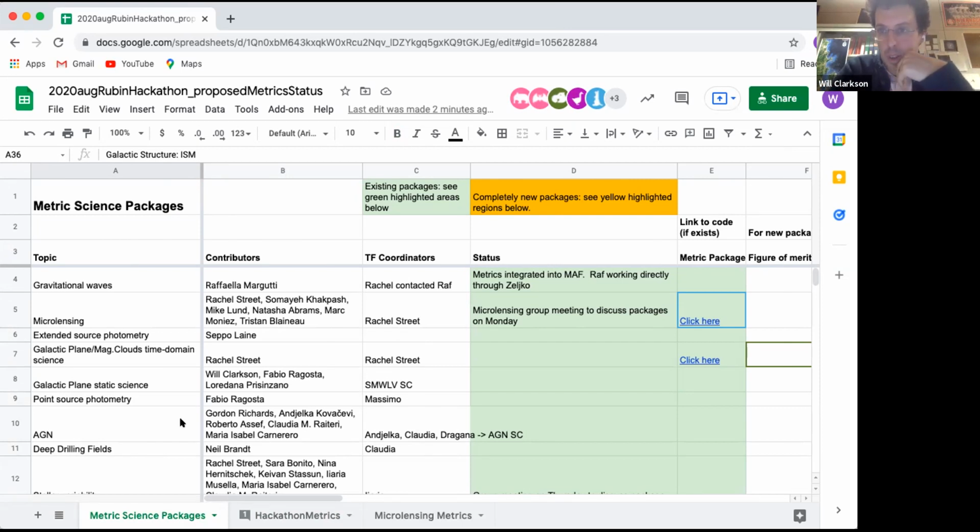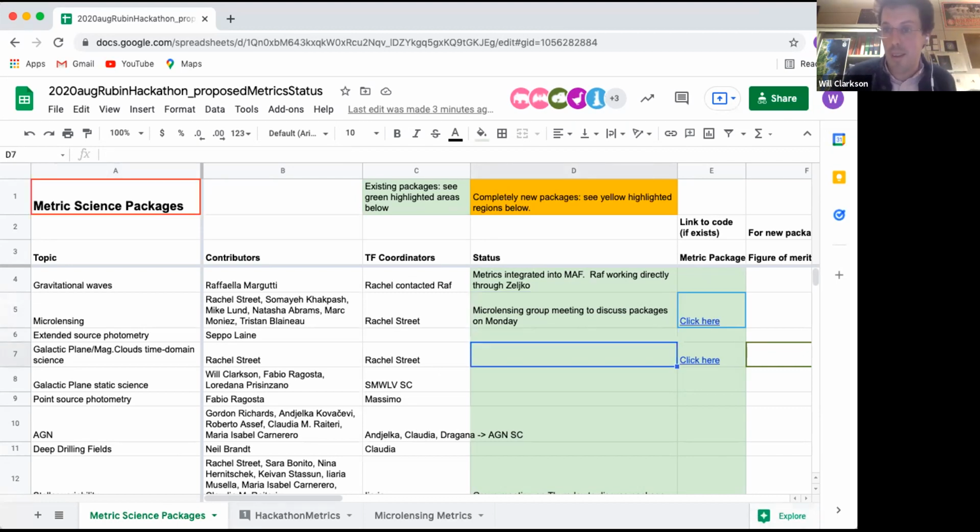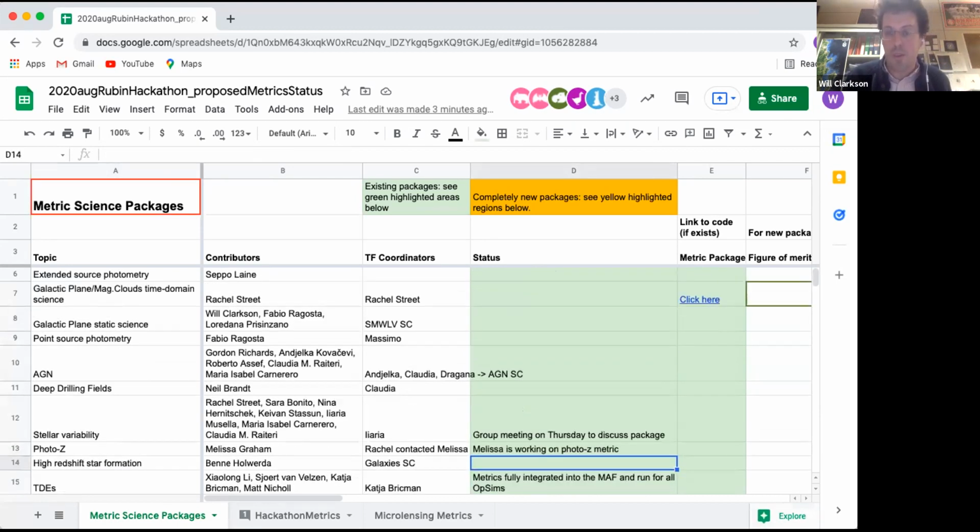And so depending on which category people fall into, whether you have a metric that you're already working on that you will need help to convert into math, or whether you have a new idea that needs a new metric, that's what the green and the yellow areas in the spreadsheet are for. If you have a metric or metric package that you've already been working on, those are the green areas in this spreadsheet.